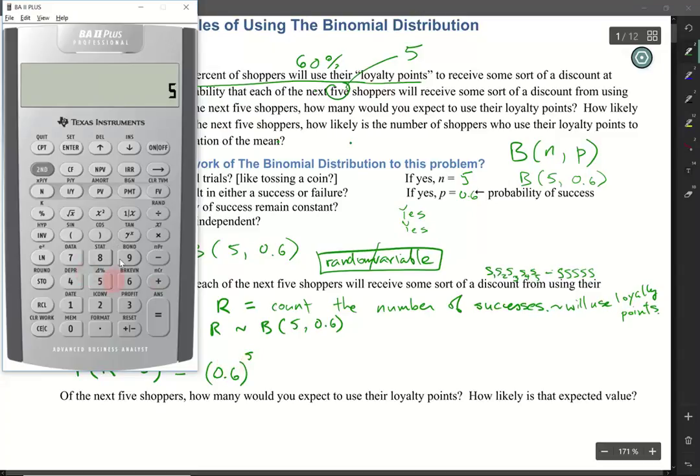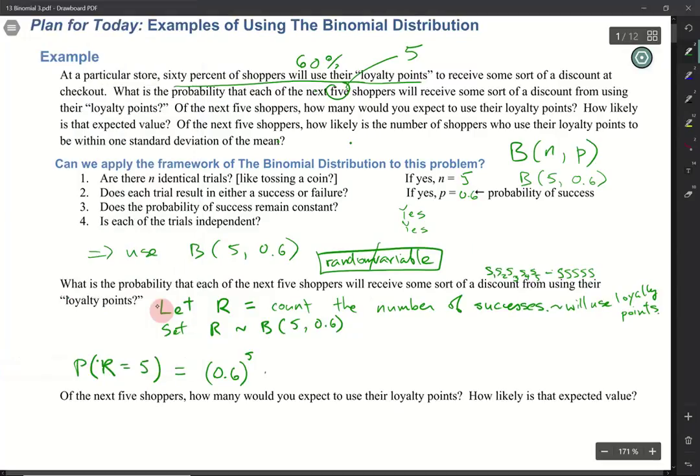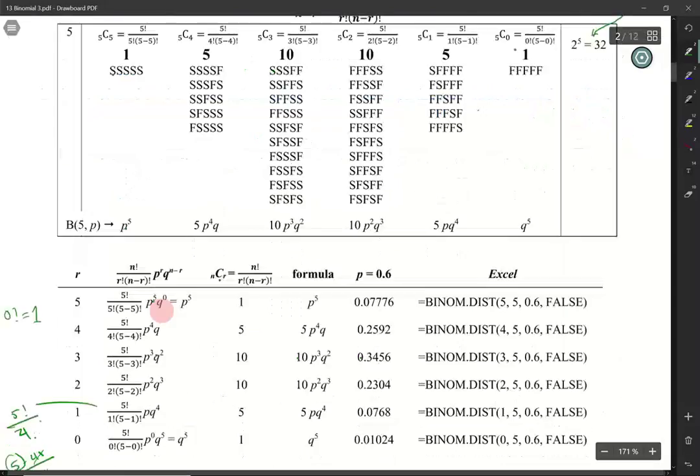That's what we want, and it's equal to approximately 0.0778.